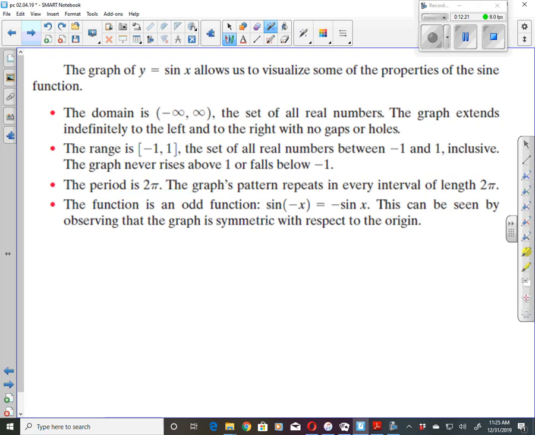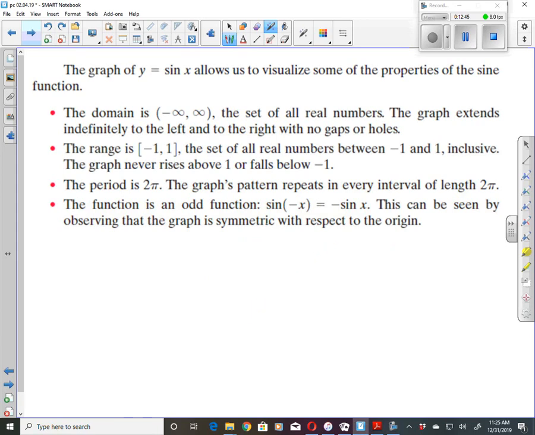The function is an odd function. If I plug in negative x, I get exactly negative sine of x, which means instead of going up on our function, we go down on our graph. So it's an odd function. Something to pay attention to.